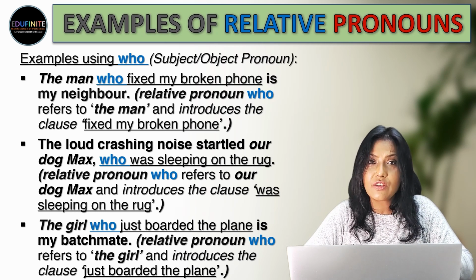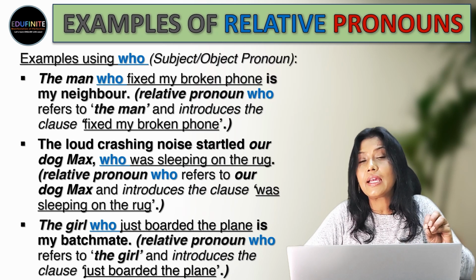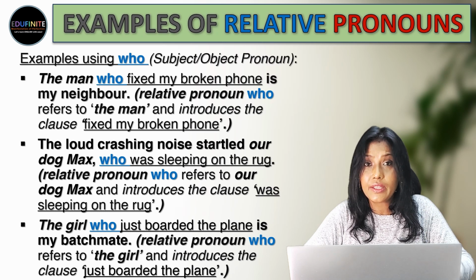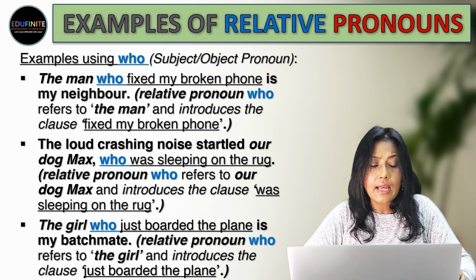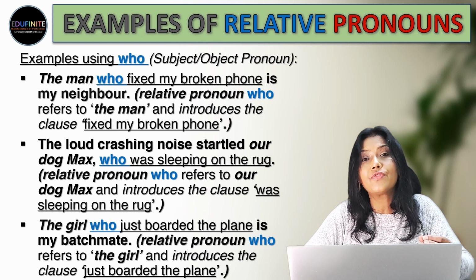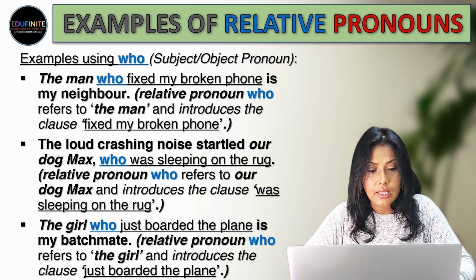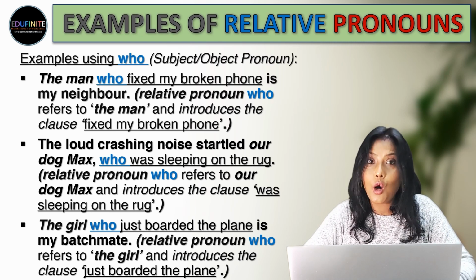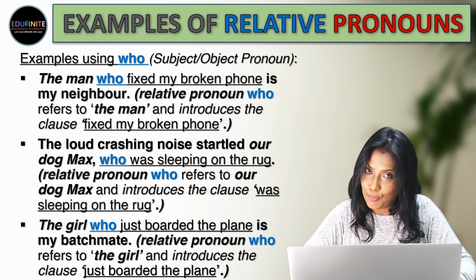Now, this relative clause is modifying the noun girl. So it is telling us which girl? The girl who just boarded the plane. So we are establishing the identity of the noun the girl. So this is the job of a relative pronoun.